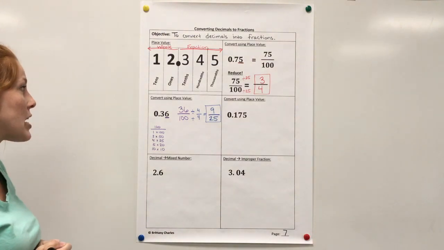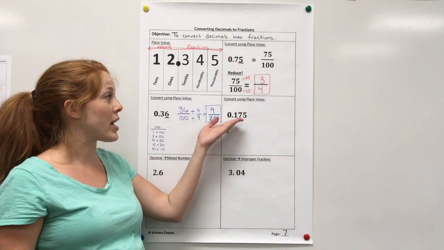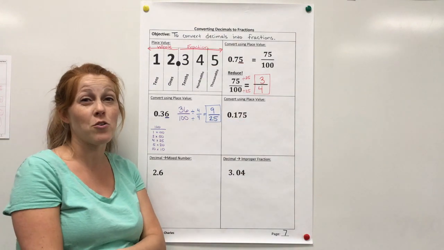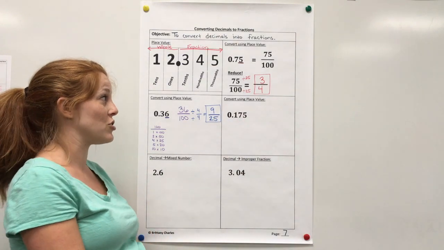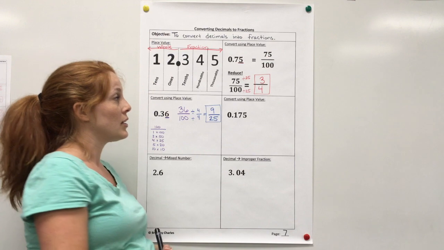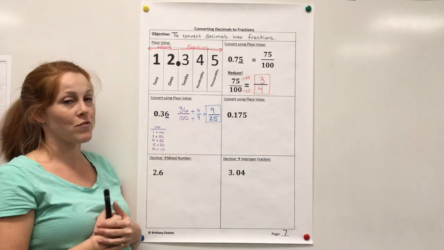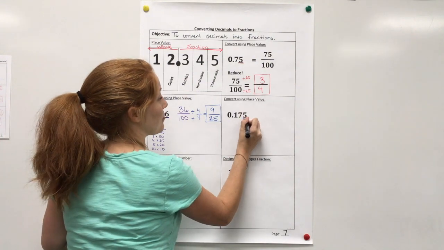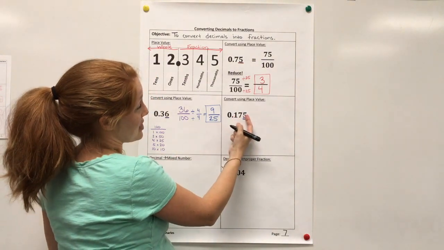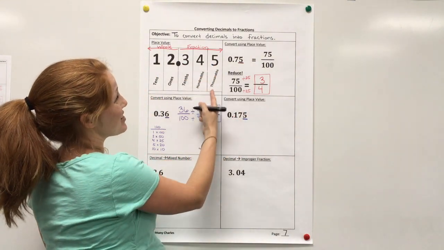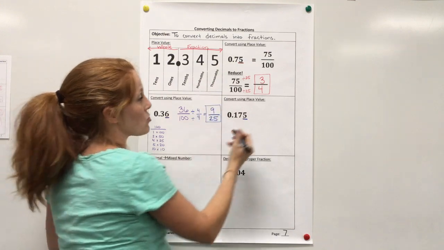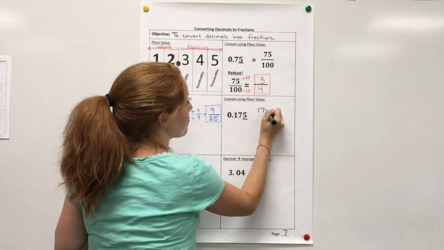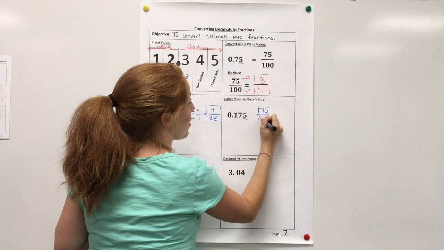All right, looking at my next example, go ahead and identify the place value for the last digit, or the digit furthest to the right, and make your starting fraction. This time I have 3 decimal spots, and I look here, that's the thousandths place. So I'm going to put 175 over 1,000.